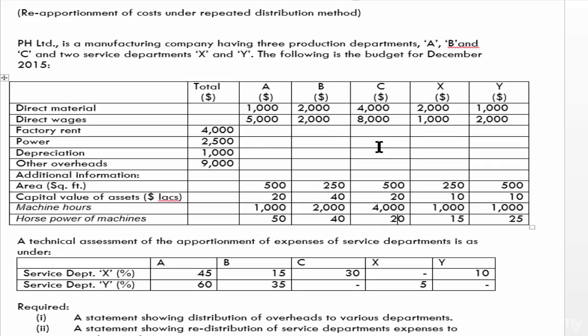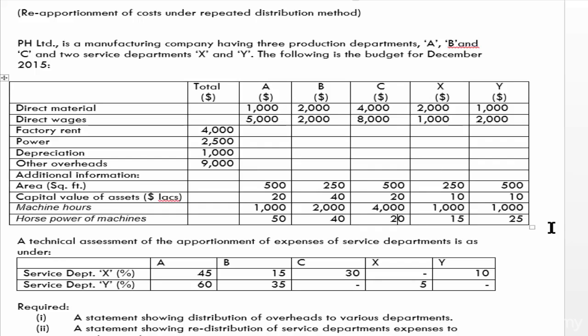Then you have the other overheads. Probably what we can do is apportion these overheads based on machine hours, but that's not the case with power. Power is directly related with the horsepower of machines and machinery running hours, whereas other overheads we can apportion on the basis of machine hours.